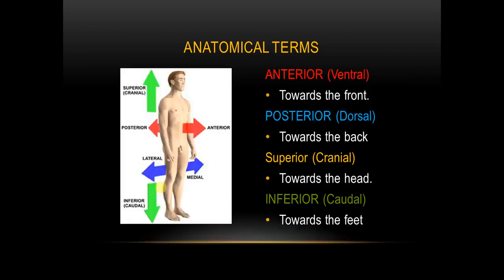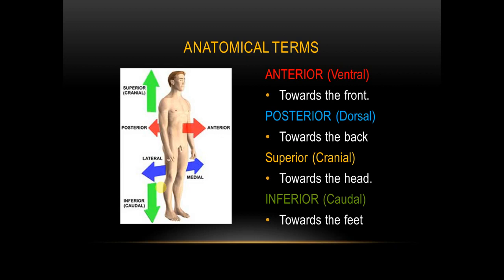So next, after the planes, we are going to come to the terms which are called the anatomical terms. Now these anatomical terms are very important. Only if you know these terms and are well versed with them will you understand anatomy.